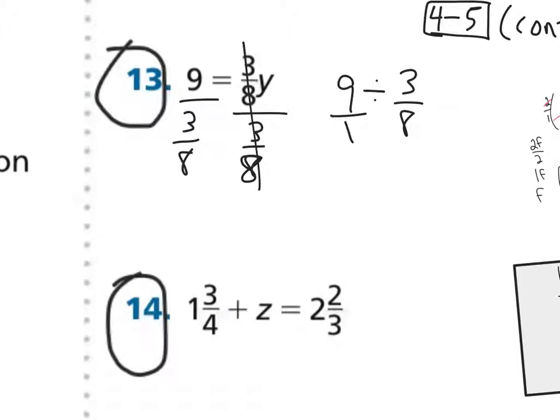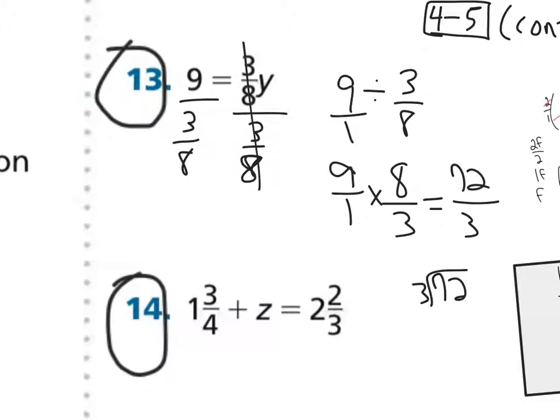So the 9 we can put over 1 and then change to the reciprocal. If you want to, you can reduce the 3 and the 9 by a factor of 3 since we're multiplying. If not, just multiply straight across. And then when you divide that out, you should get 24. So 24 equals y, or y equals 24.